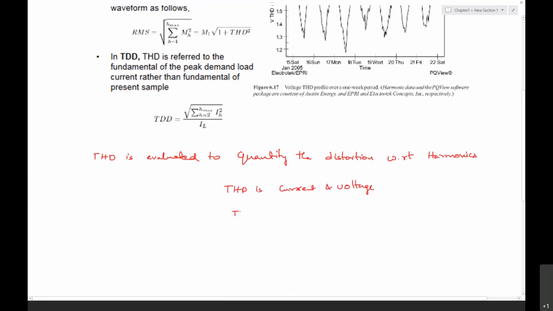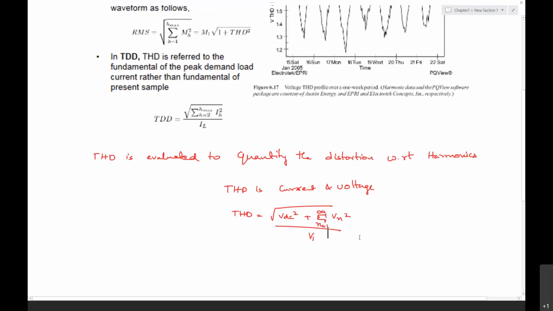The THD is the square root of the summation of n equal to 1 to infinity, or any number, of Vn square by the fundamental squared.